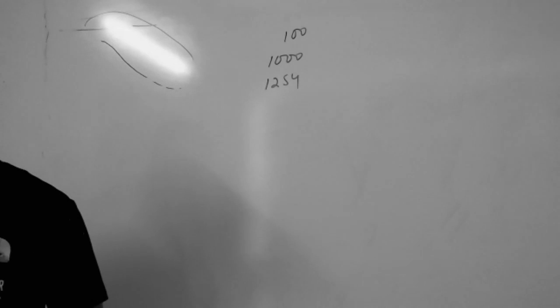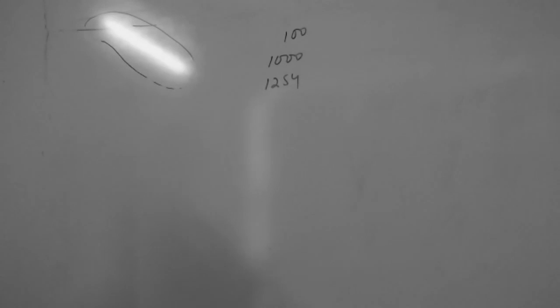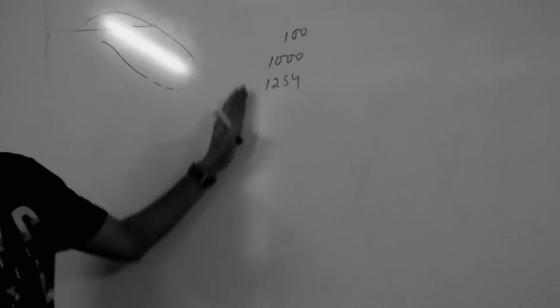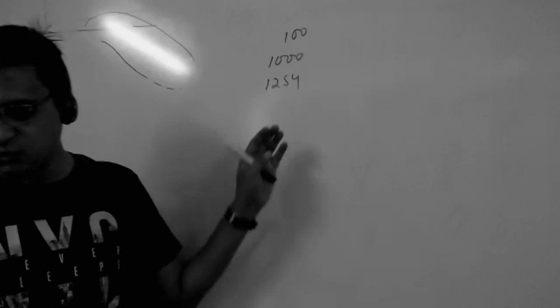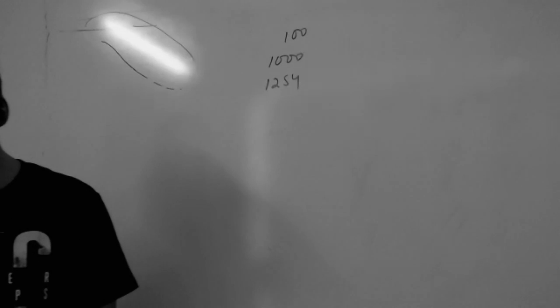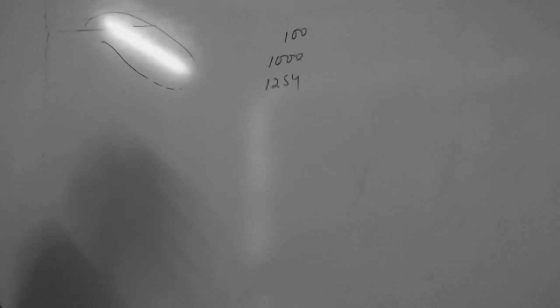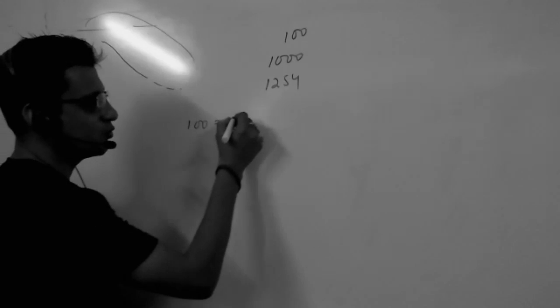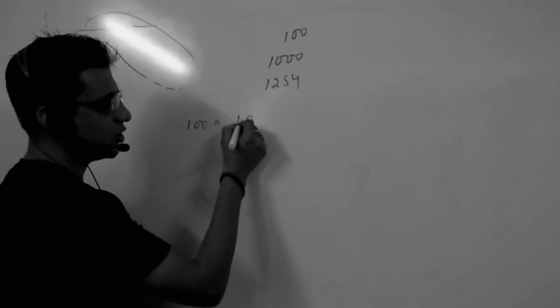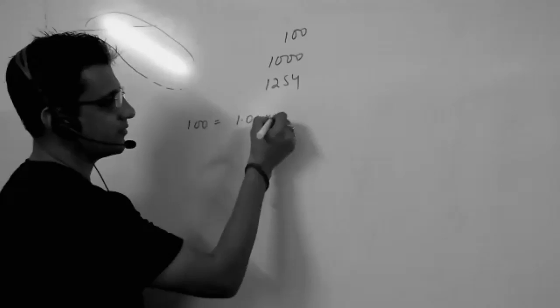This is the usual way we write any number. But 100 we can write like this: 1.0, or 1.0 into 10 to the power 2.